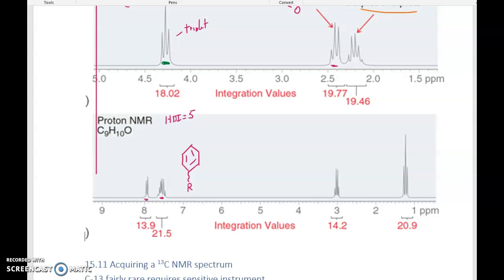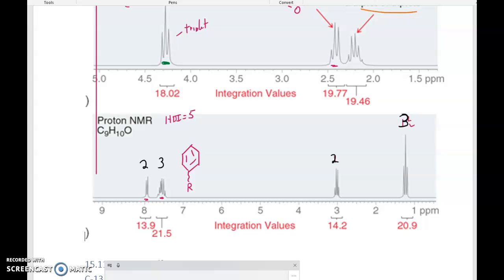Now here, I guess we ought to do the integration before we get any further in this. If we do the integration, I get 1, 1.5, 1, and 1.5. Well, I can't have half protons, so let's change these up. And what we have is 2, 3, 2, and 3.